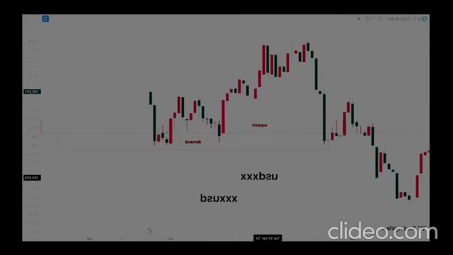It can be USD CAD. How many XX represent CAD? You don't know anything.